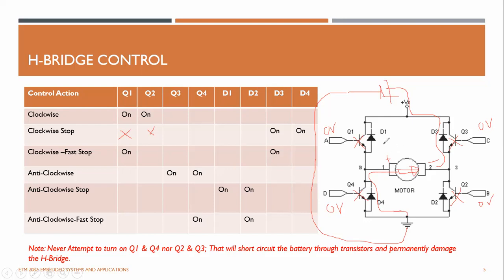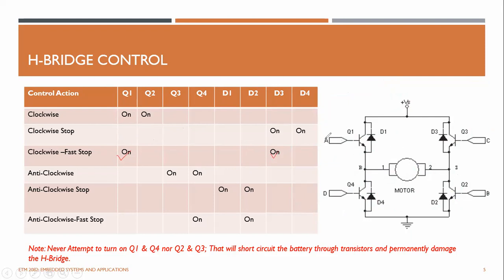And if you want to turn off the motor really fast, you can just turn on Q1 and D3. D3, you don't need to do any switching, but it is a diode.